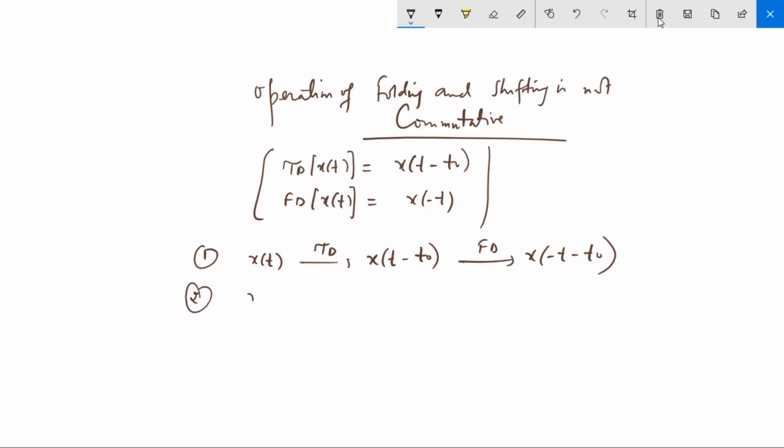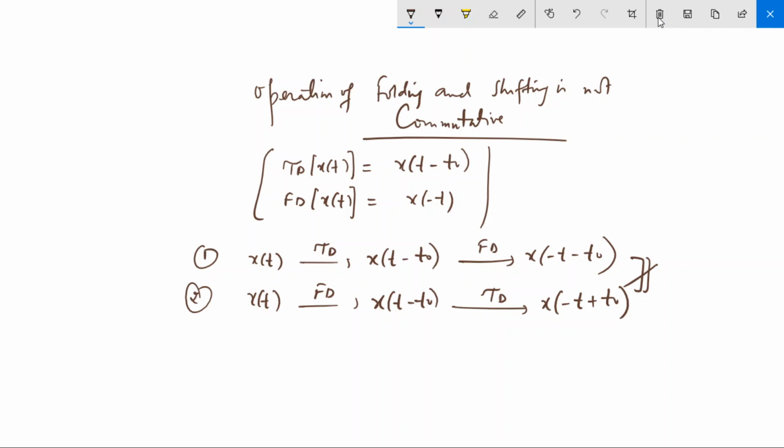In the second case, starting from x(t), if you first fold it, you will get x(-t), and then if you delay it with the time delay operator, you will get x(-t+t naught). So they are not equal. Okay, it means in general the operations of folding and shifting are not commutative, and in that case you have to apply the folding in the same direction.